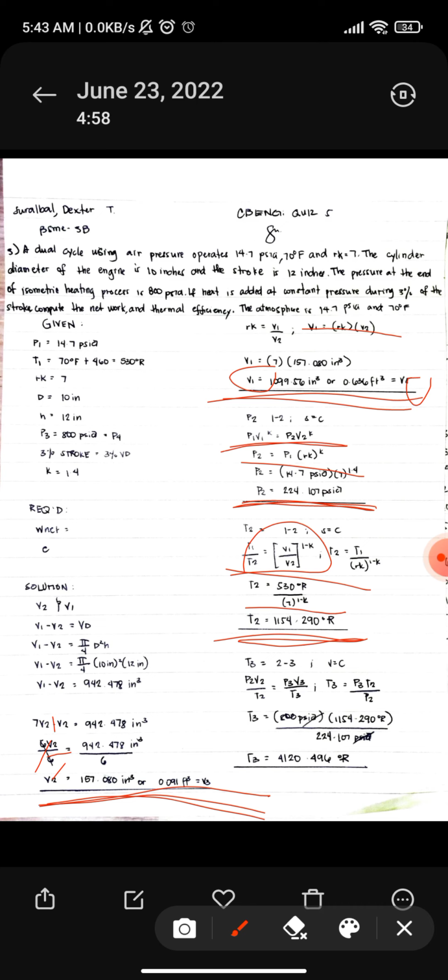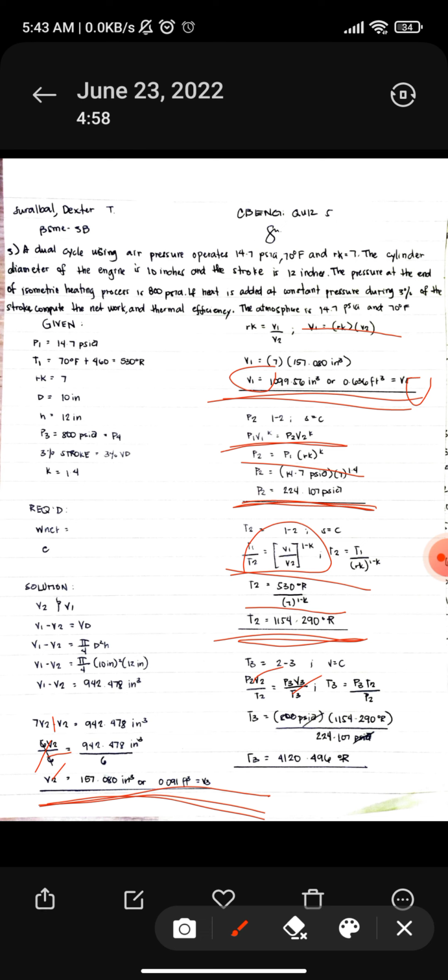So, for the T3 naman, 2 to 3 V equals C. So, we have P2 V2 over T2 equals P3 V3 over T3. So, cancel na yung ating V2 and V3. So, T3 equals P3 T2 over P2.